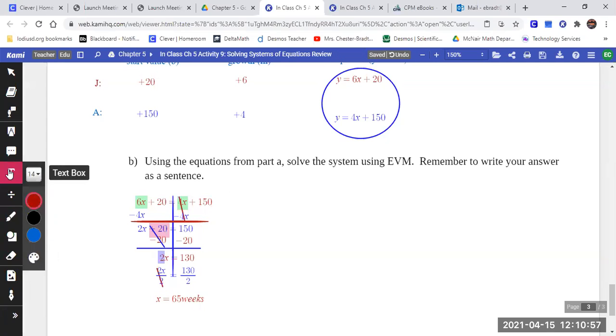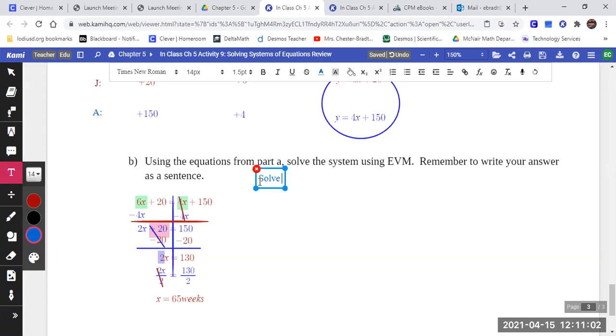So now we have to do like we did up above. One of the equations is going to be our solve for y, and one of our equations is going to be our check. Does it matter which is which?